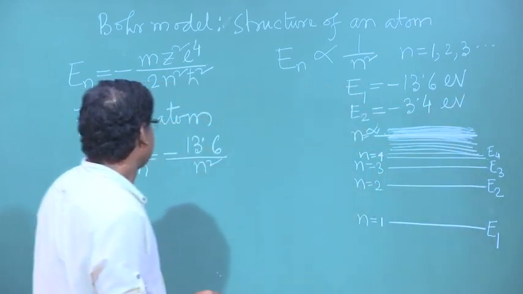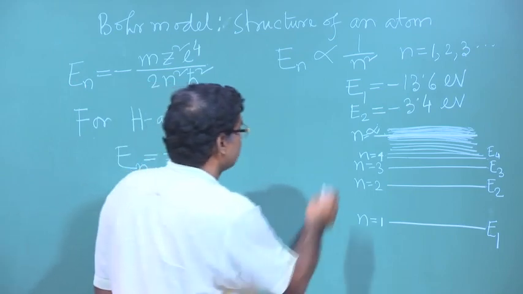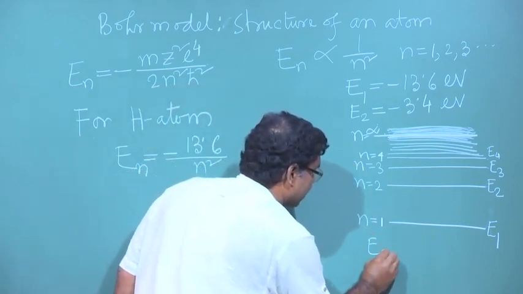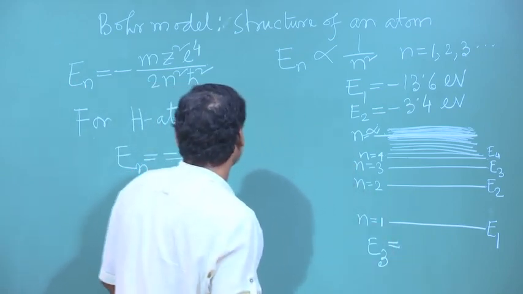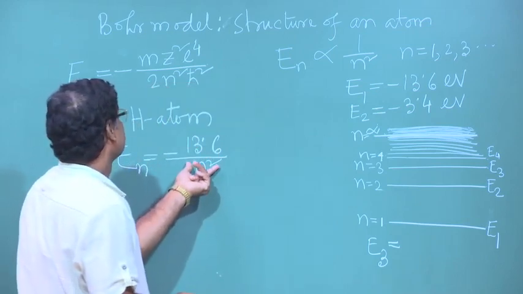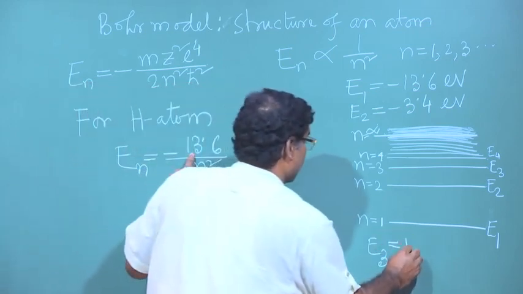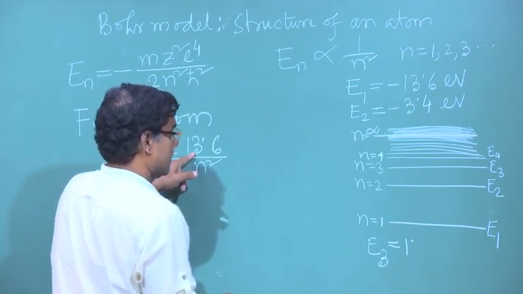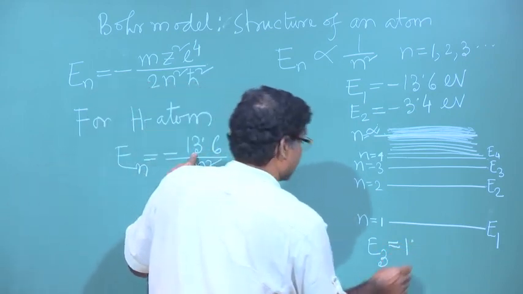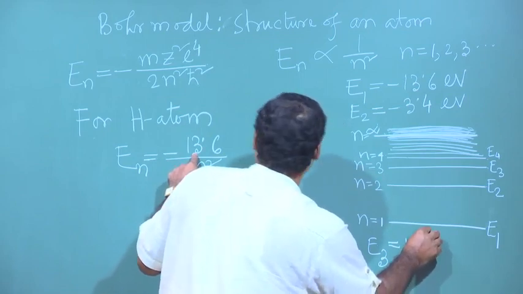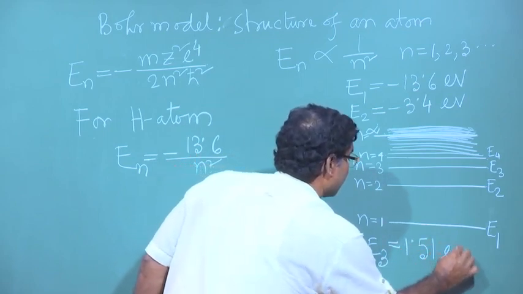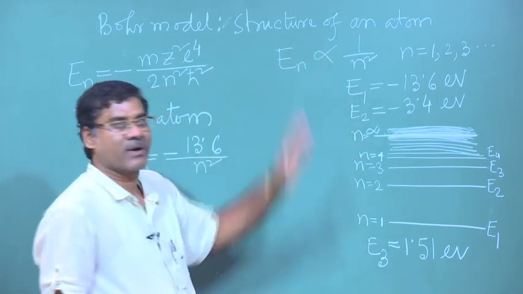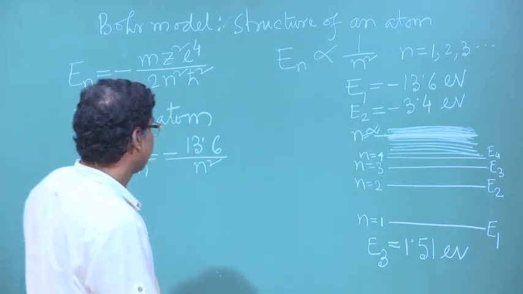Similarly, E3 you will get minus 1.51 electron volt. So, this way one can find out the energy.